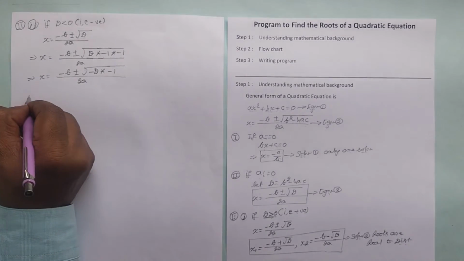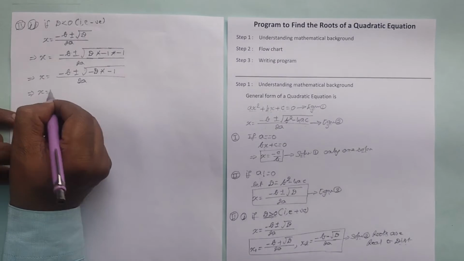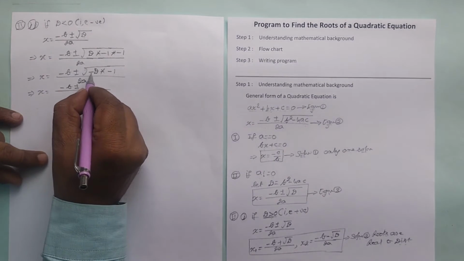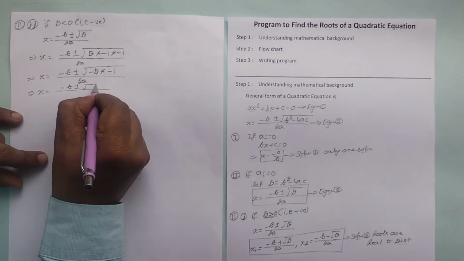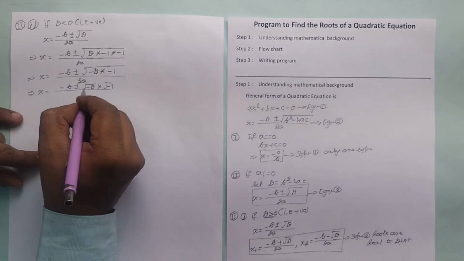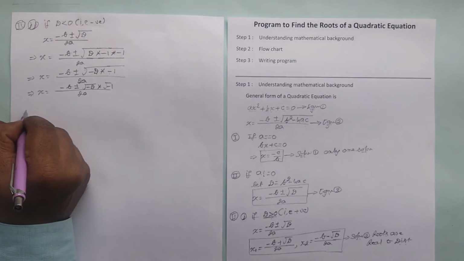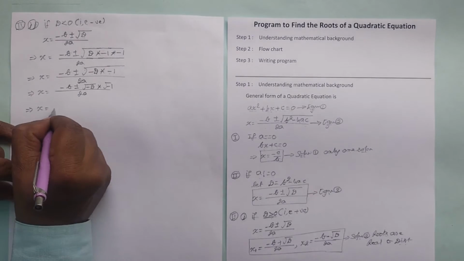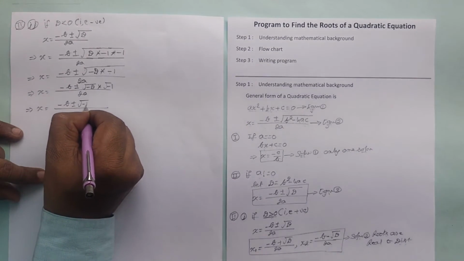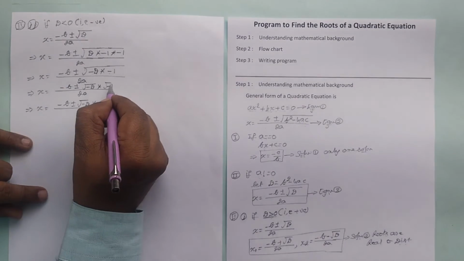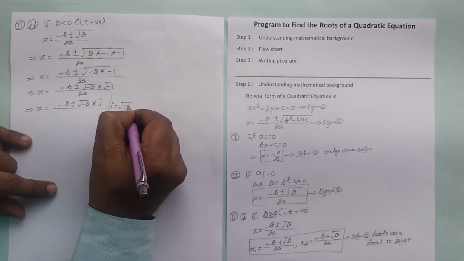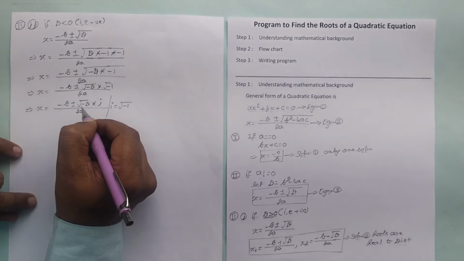Then divided by 2a. It is equivalent to x is equal to minus b plus or minus, let us split this part, square root of minus D into square root of minus 1, by 2a. The square root of minus 1 is nothing but i, where i is equal to square root of minus 1, divided by 2a.